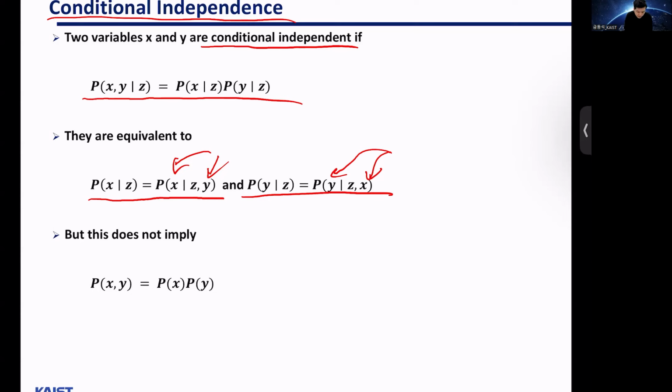But this does not imply p of x and y equals p of x times p of y. So this does not imply that, okay? This is conditional independence.